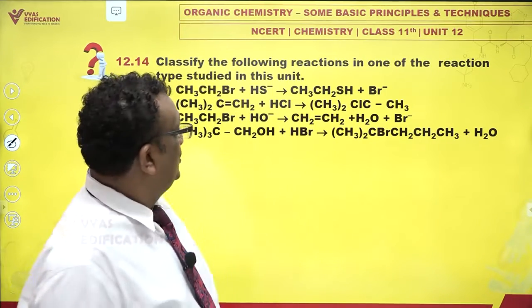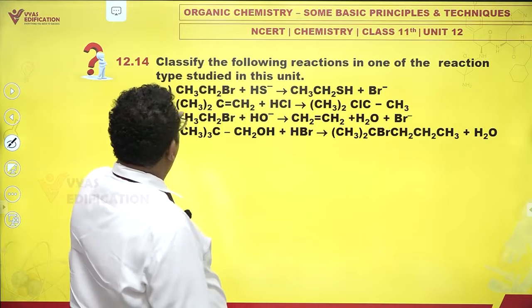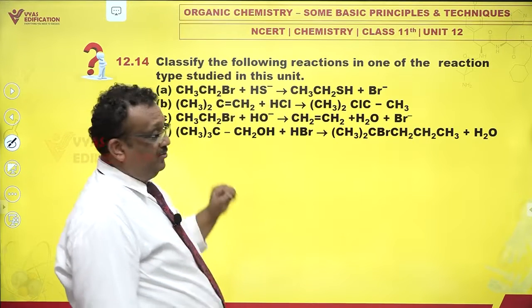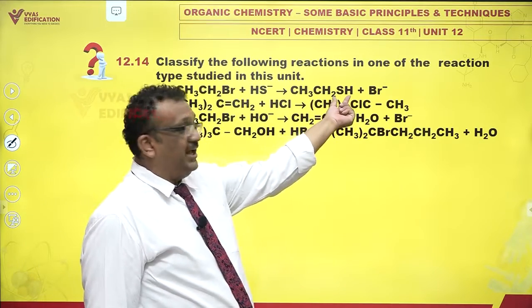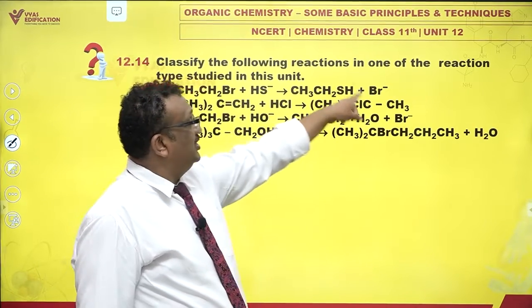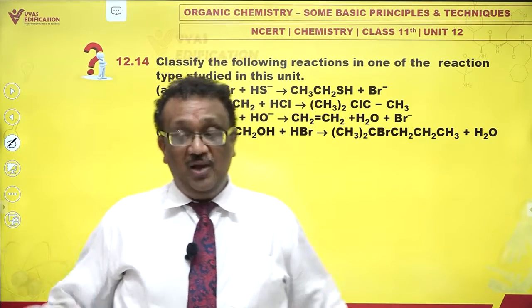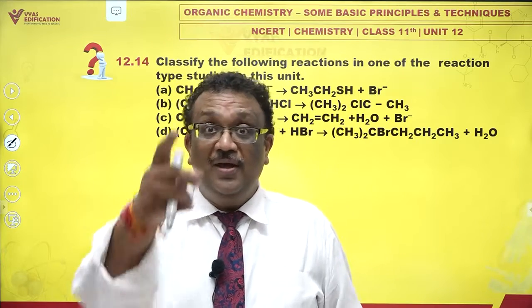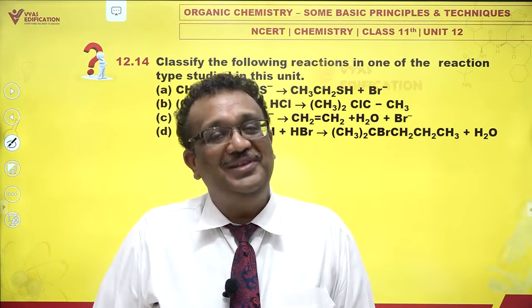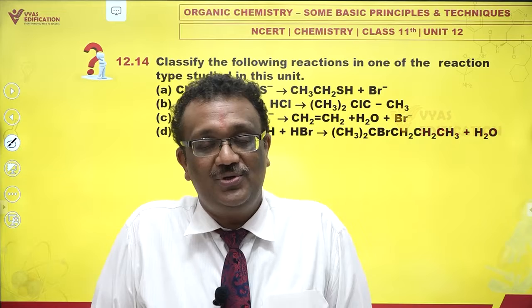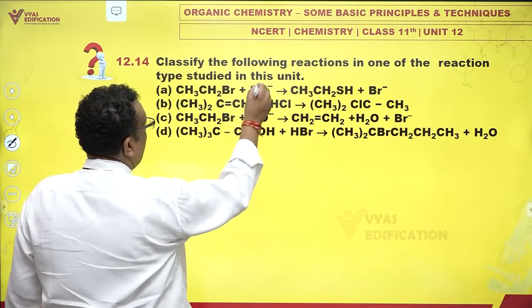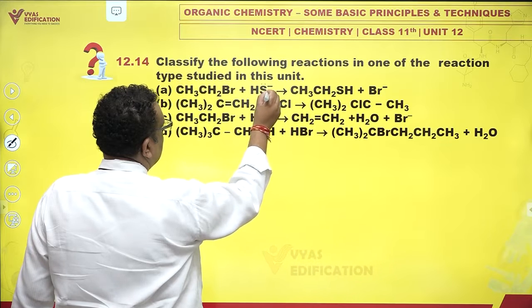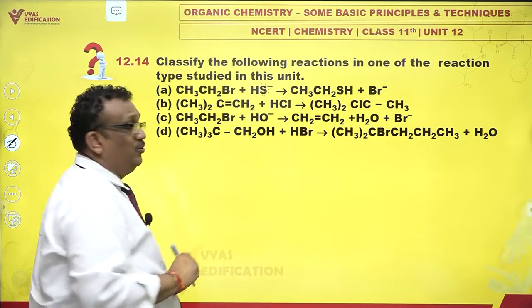So in that sense, if you see, there are two species, right? HS minus moves in, it gets attached as SH, and Br minus moves out. What is that? One species comes in, the other one goes out. This is a classic case of, yes, you have got it, substitution. And not just this, if you look at this species here, HS minus, is it an electrophile or a nucleophile?